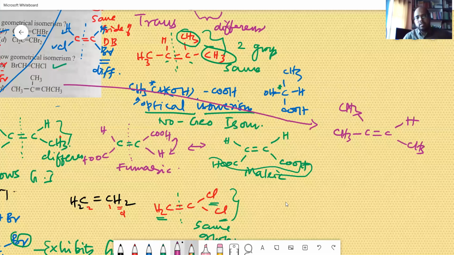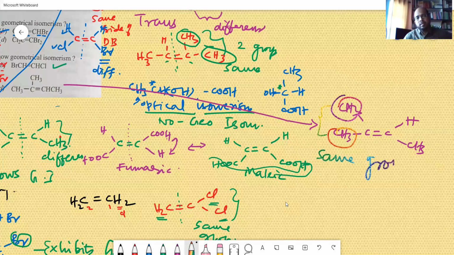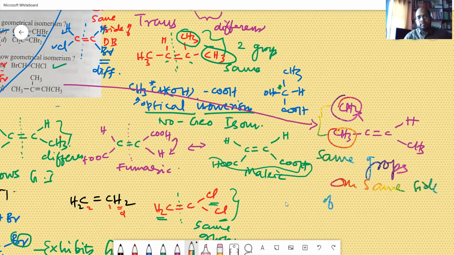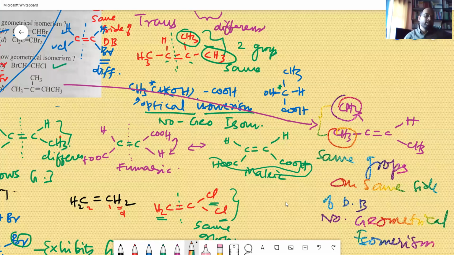So you can see CH3, CH3, the same groups on the same side of the double bond. So no geometrical isomerism. That means this is not showing geometrical isomerism.